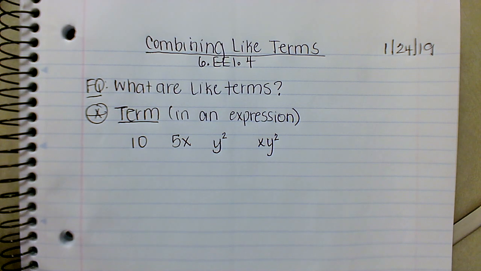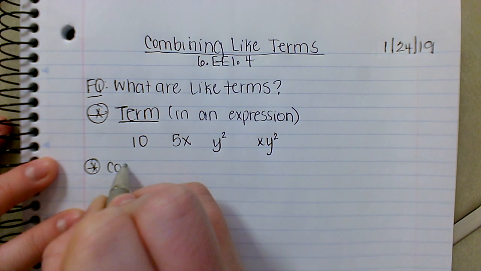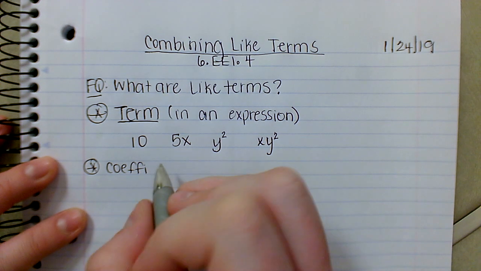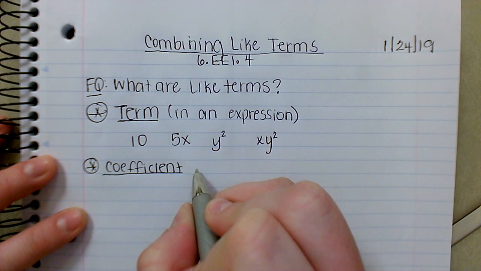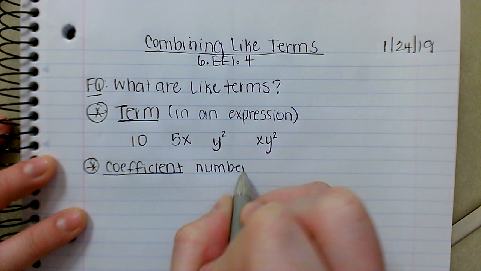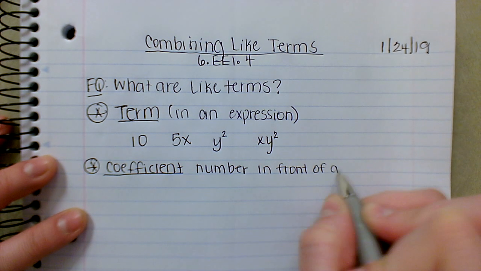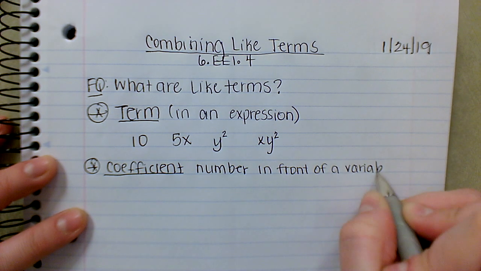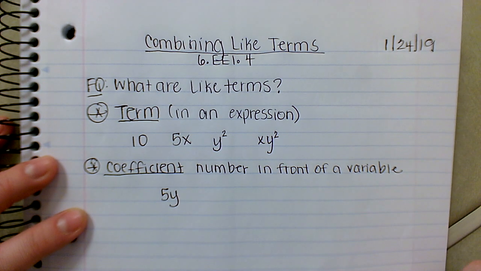Who remembers what a coefficient is? Coefficient. What's coefficient? Good. Coefficient is the number in front of a variable. So, in this example, what is my coefficient?